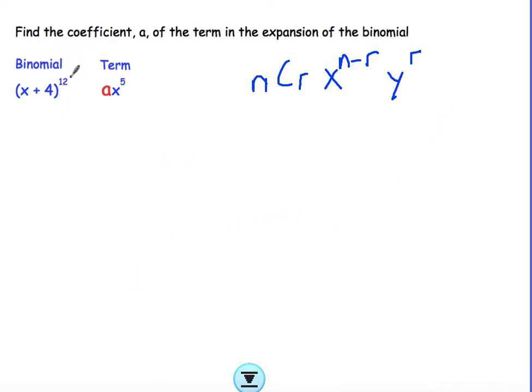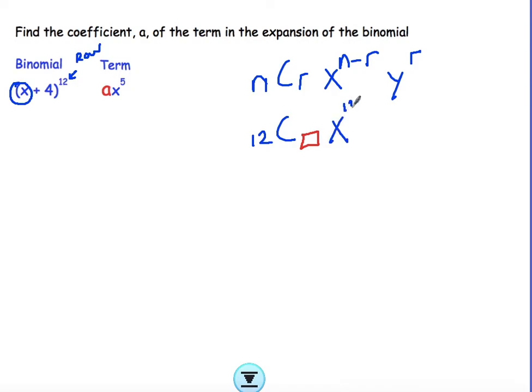So n is the row, and this would be the 12th row. So I know it's going to be 12 choose something. And I don't know what that something is going to be just yet, so I'm just going to make a little box. Okay, and then the first thing listed was an x.